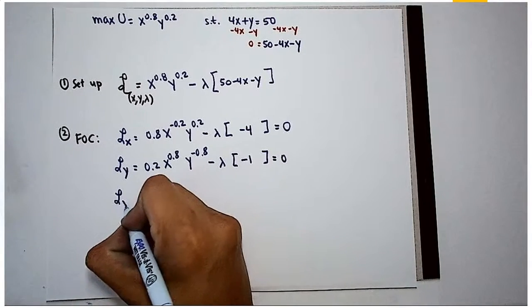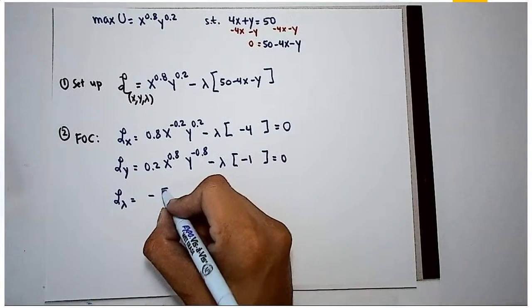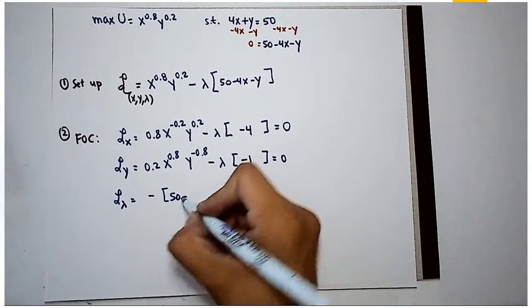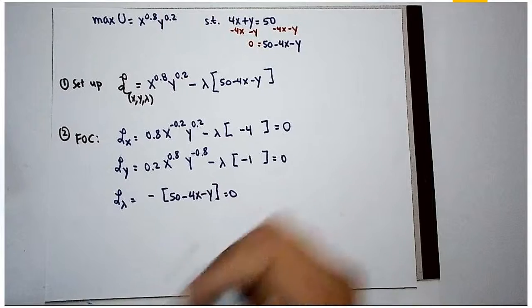And we have the Lagrange with respect to lambda, which is minus 1 times 50 minus 4x minus y equals 0.